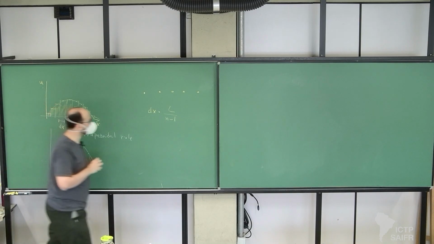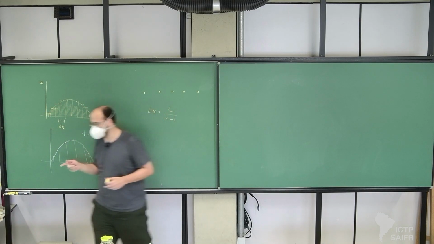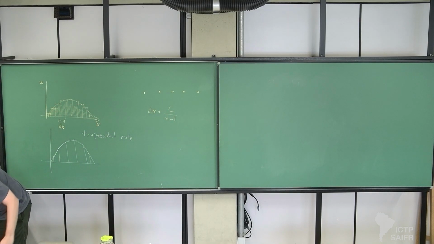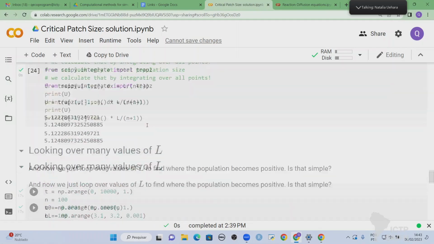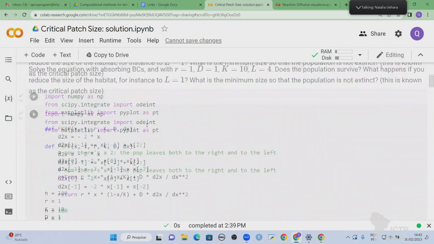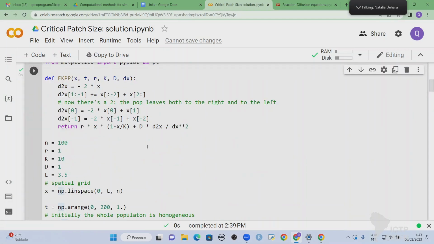So the idea is that if you look at these solutions here, let's go back to the initial thing here. If you look at the solutions, let's go to the top over here, okay? And then let me use not so many n's here, and let me put L equal to 4. 4 is okay.